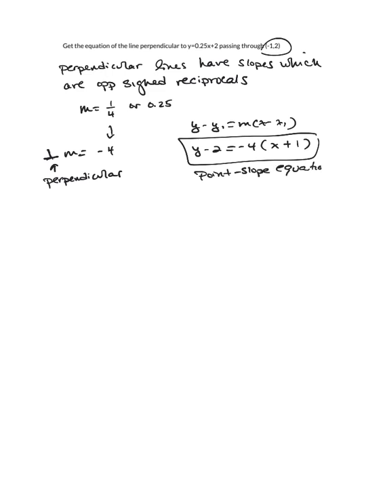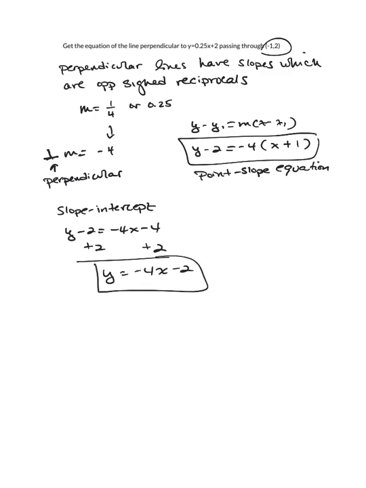If someone asks you for the slope-intercept equation, you're just going to distribute the negative 4, and you're going to add the 2. Both of these answer the general question for the equation of the line. It's just that one of them is the point slope, and the other one is the slope-intercept.